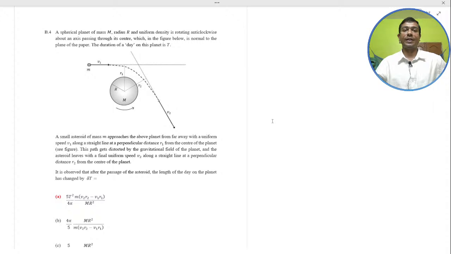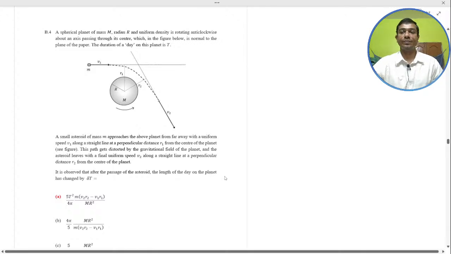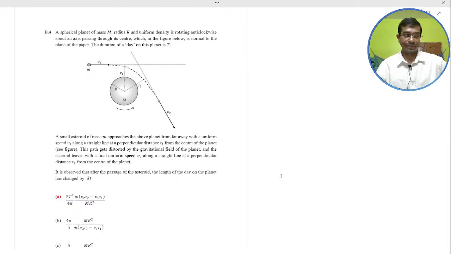The duration of a day on that planet is t. A small asteroid of mass m approaches the planet from far away with a uniform speed v1 along a straight line at a perpendicular distance r1 from the center of the planet, see the figure.